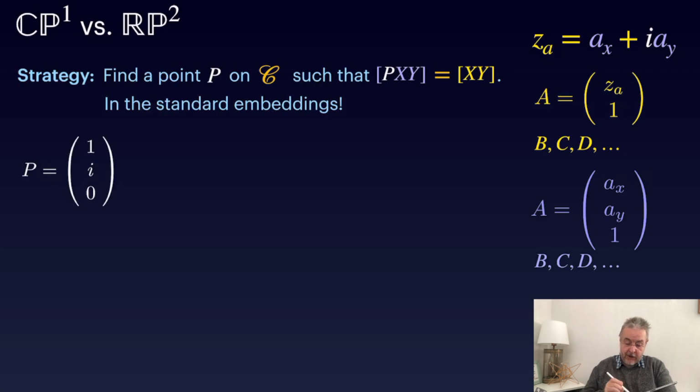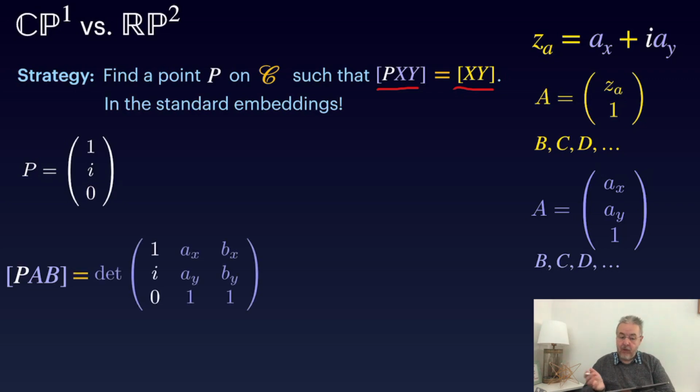What do we have to prove about point P? P has to be on the one hand on the conic. This means it has to be on the circle, and on the other hand, it has to satisfy this equation. So let us look at this equation first. We have our determinant PAB that we want to calculate, and let's simply write down what we get.